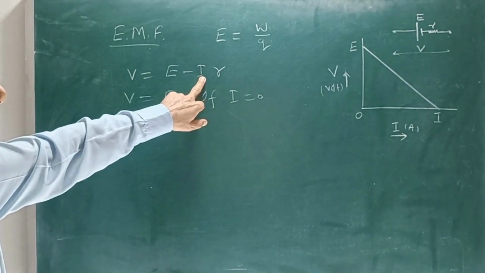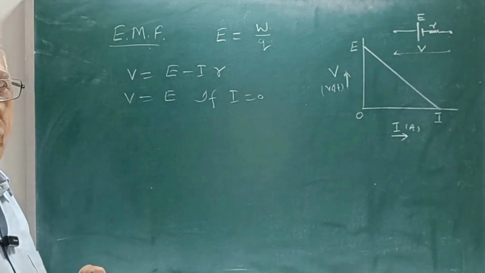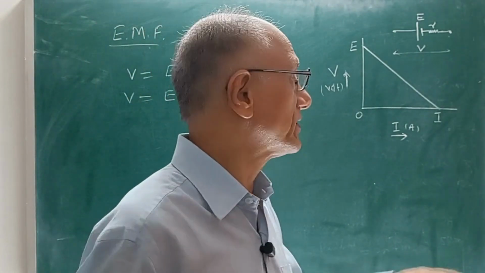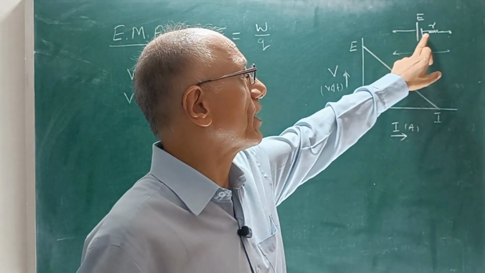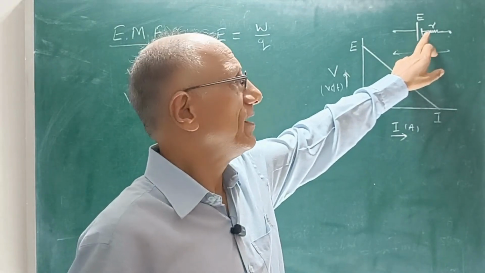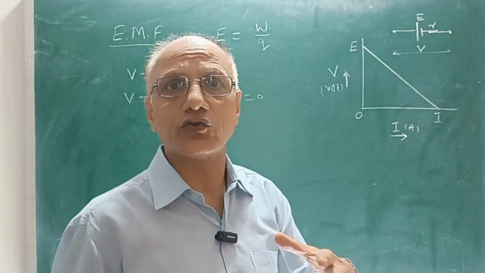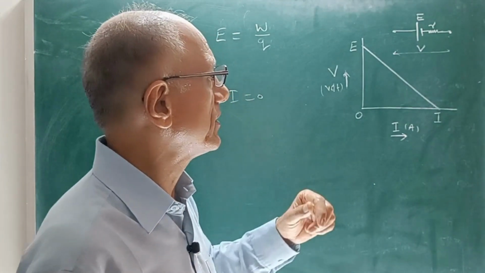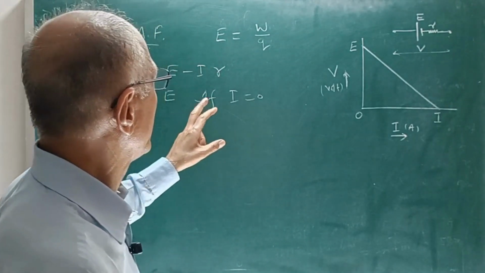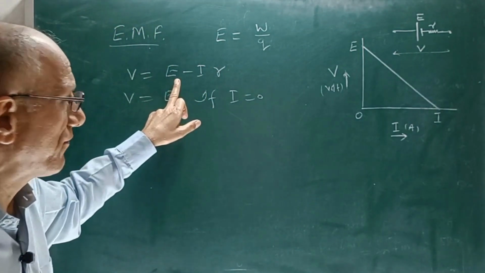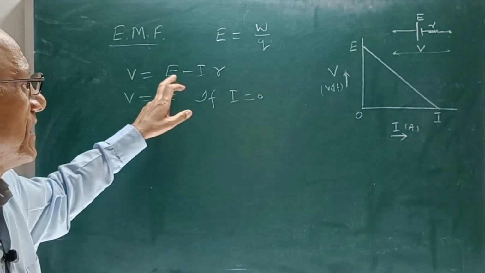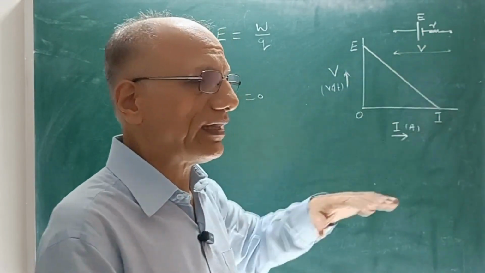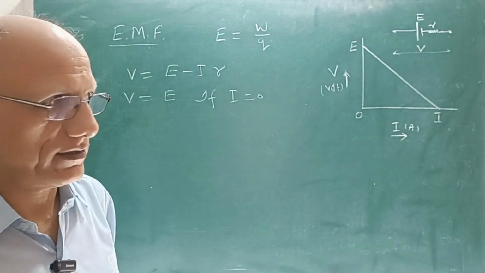So if I is equal to 0, that means V is equal to E. That means EMF is the potential difference between the two terminals of the cell when no current is drawn from the cell or the battery. In other words, we can say the EMF of a cell is the potential difference between its two terminals when the cell is in open circuit.